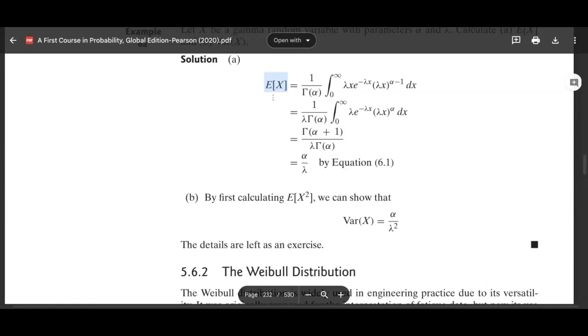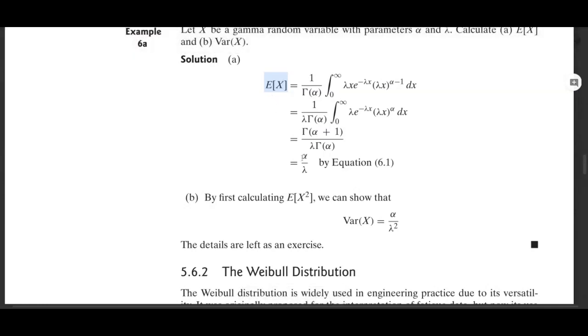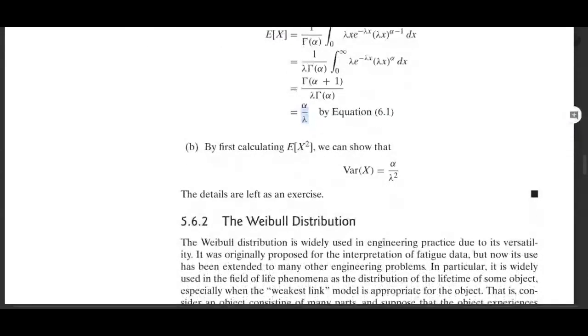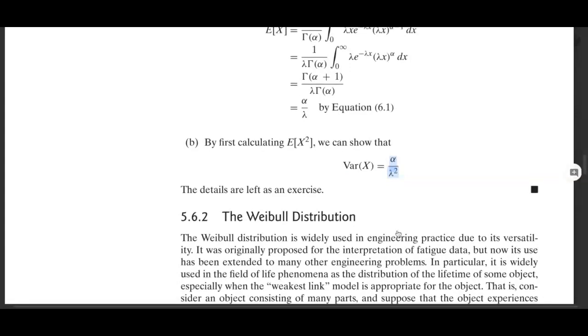This is a gamma distribution, so it takes two parameters, alpha and lambda, and its expected value is alpha over lambda. Then we calculate the variance. We skipped it, but basically it's alpha over lambda squared. So that's for the gamma distribution.